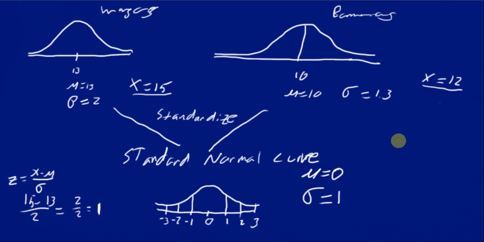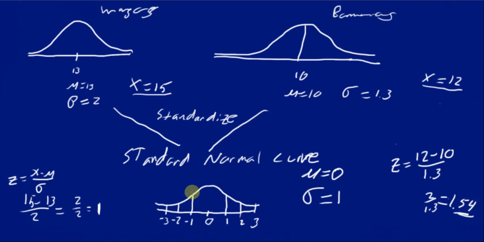Over here, we've got x, our raw score 12, minus 10 divided by 1.3. So 12 minus 10 is 2, divided by 1.3, which is a z-score of 1.54. Remember, z-scores always get rounded to 2 decimal places.